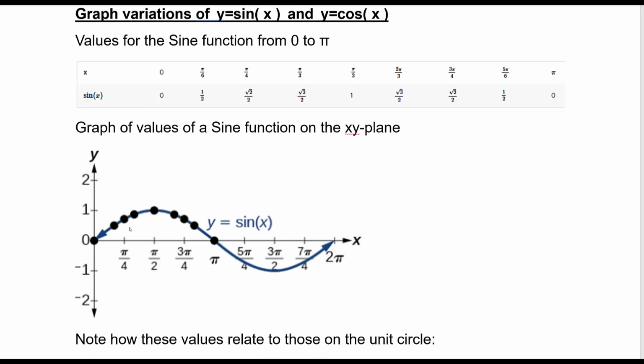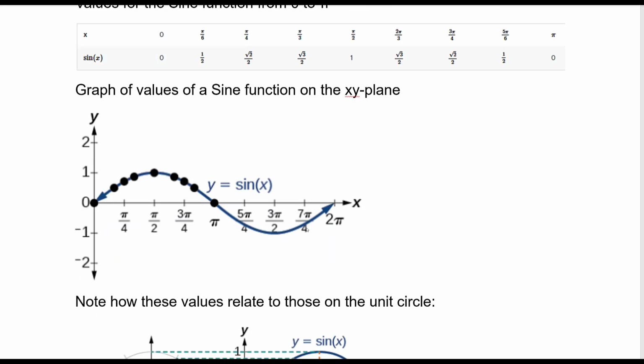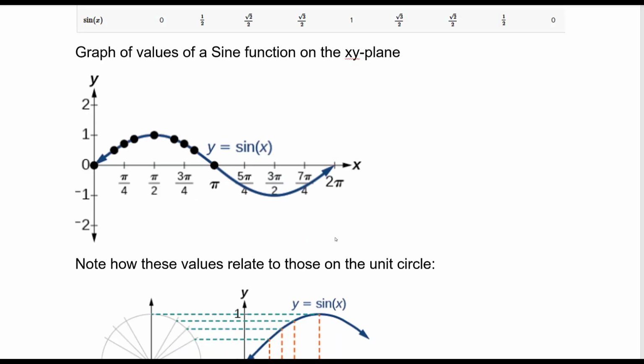So this is what that first half of the unit circle would look like if we graphed it on an xy plane, not on a unit circle. As x gets bigger in that direction, these are those values that correspond to up here. And then it goes down below the x-axis. This is where sine is negative in the third and fourth quadrants.